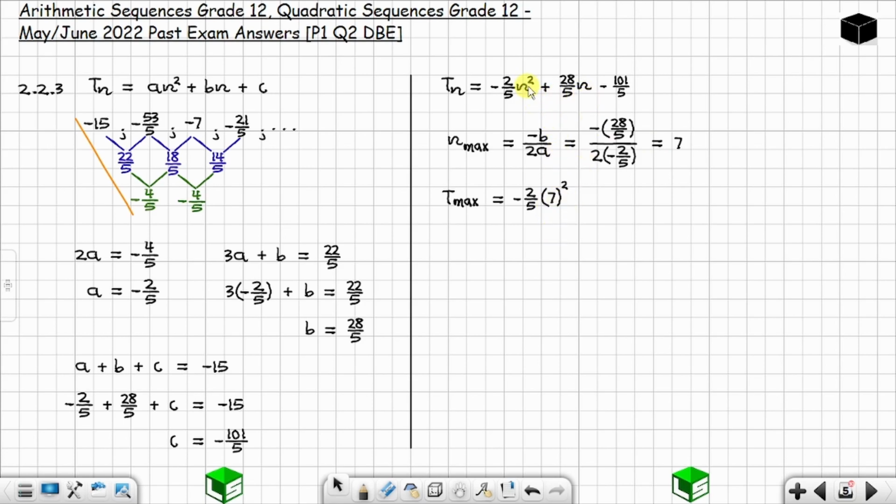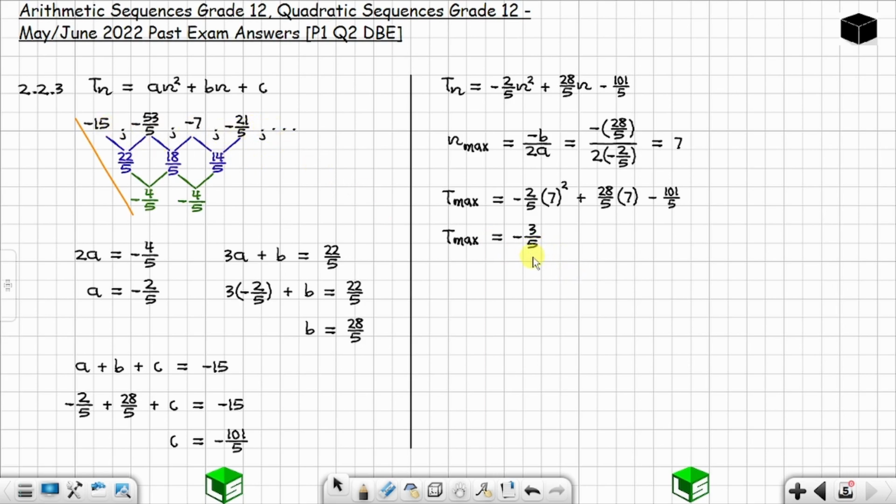What is T maximum? You can use your calculator and the answer will be negative 3 over 5. So this is the maximum value in this quadratic number pattern.